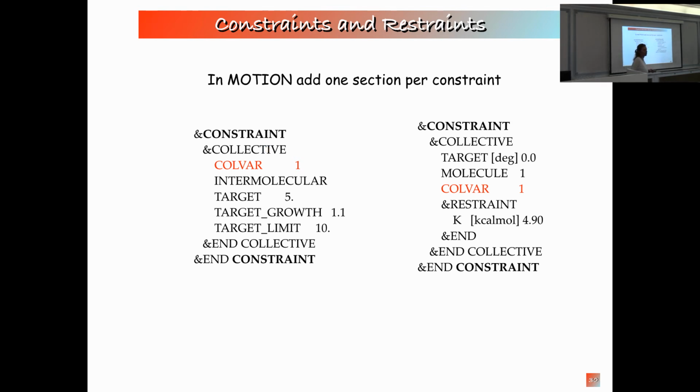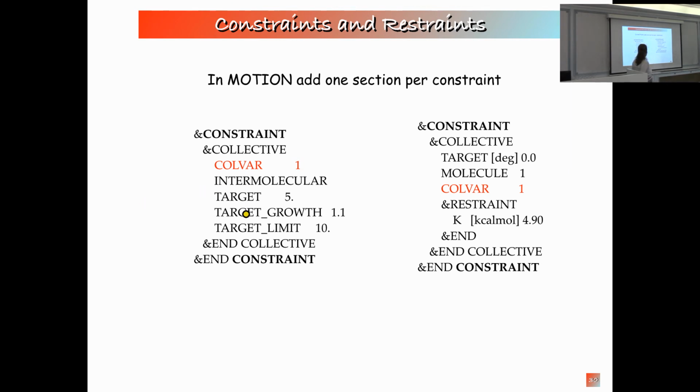You can also have different types of constraint, like fixing specifically the position of one atom. This is instead a constraint that involves more atoms, so it is a collective constraint. It is an intermolecular constraint, and the definition is given by the index of the COLVAR that you defined in the subsystem section. The index will be just the sequence in your input. So the first one that you write is COLVAR 1, the second COLVAR 2, and so on.